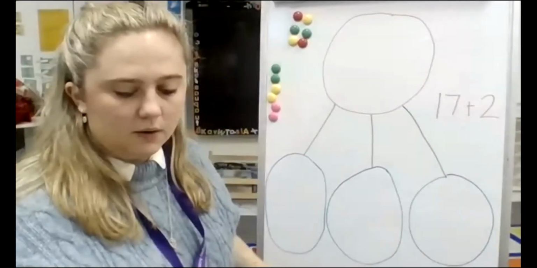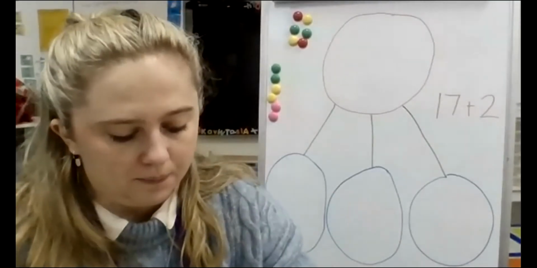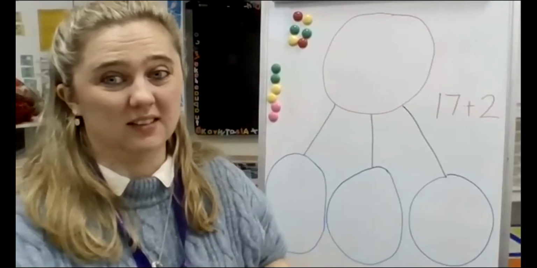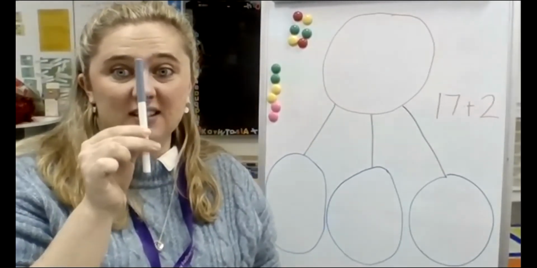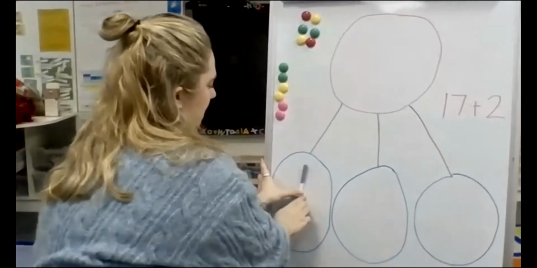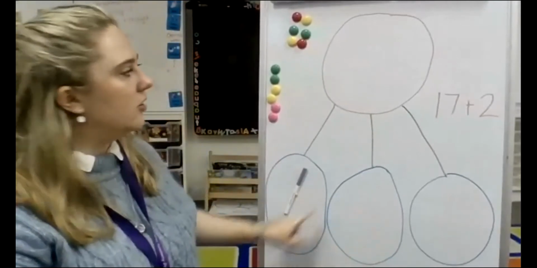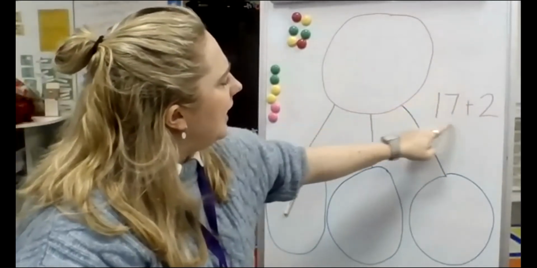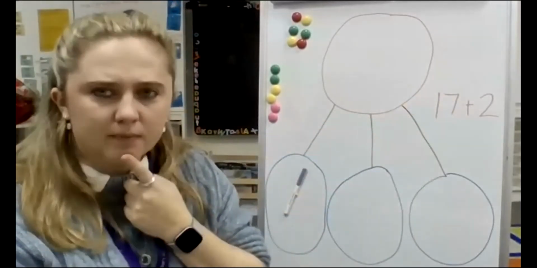We've got 1 ten, haven't we? So because you're at home and you haven't got your 10 sticks, I'm going to use a pen to represent 10, okay? And I'm going to stick it to one of my parts. So I have a part of 10, and in this same number, I also have how many? 7.